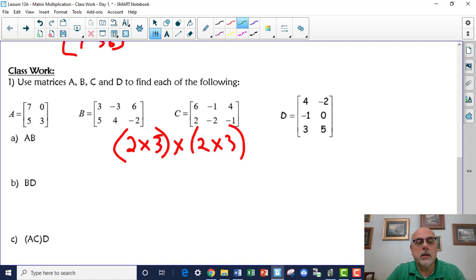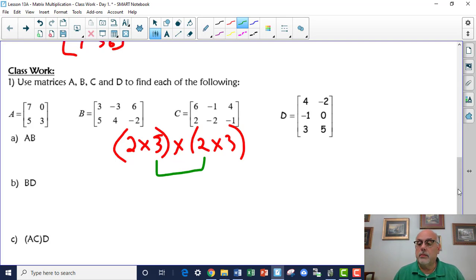If you look, the two inside numbers don't match. When you go to put that in the calculator and you say B times C on the classwork here, it's going to give you a dimension mismatch. And that's what you write. You write dimension mismatch for the ones that you cannot multiply.